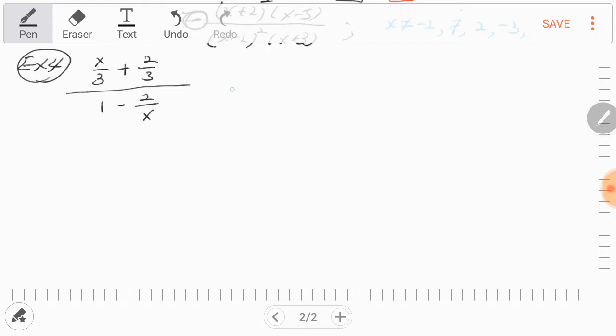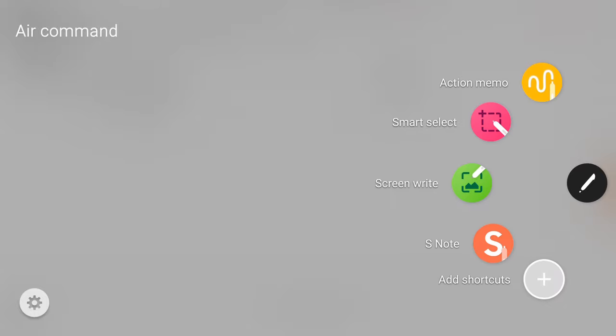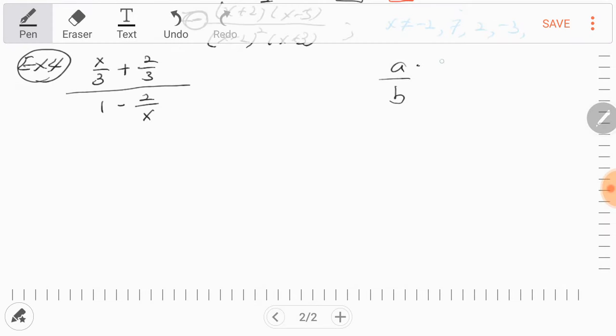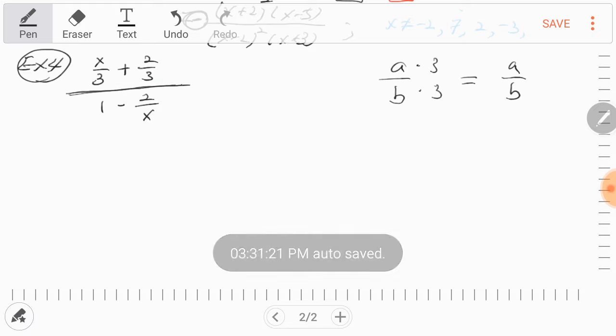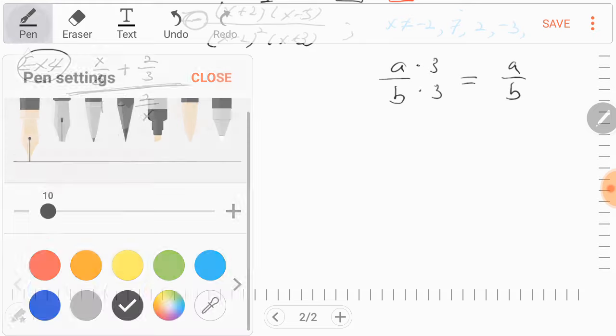So we will use this method. Here is the fraction a over b. It is okay that we can multiply the numerator by some number and the denominator by the same number, so this is equivalent to a over b. So we're going to multiply the numerator and the denominator by the LCD. Okay, so what is the LCD?